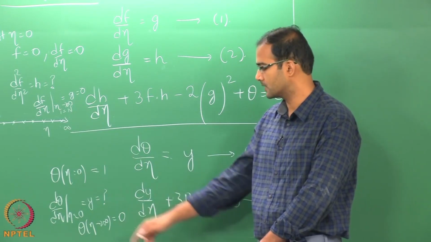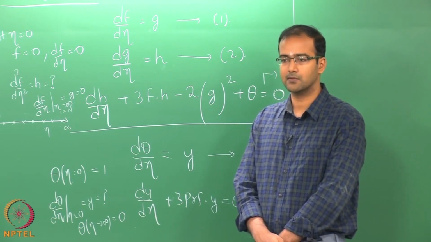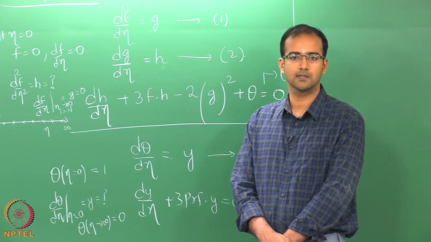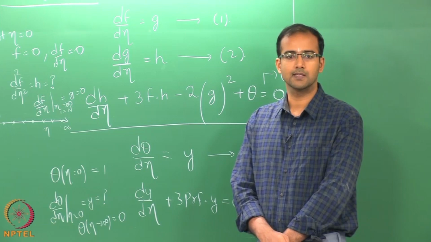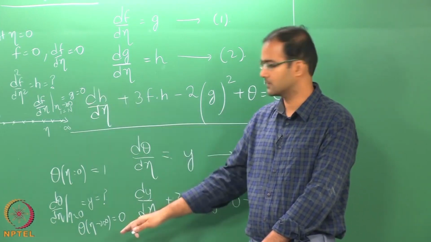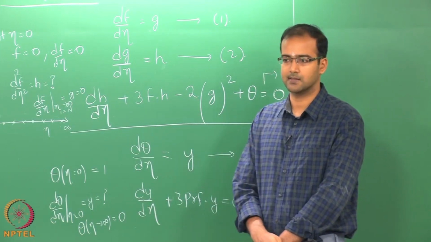Similarly, here theta at eta going to infinity equal to 0. Once you satisfy these conditions, that means you have reached a final converged solution. Till that point you have to keep guessing the values of both H as well as theta and then solve these two equations simultaneously.